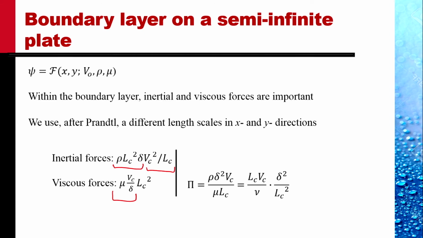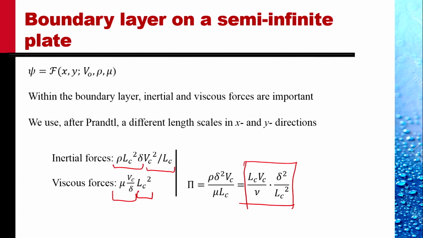So del V by del y is estimated as Vc divided by delta. The area, which is not in the y direction, which is in x and z direction, is Lc squared. The resulting pi number is this. By equating the two estimates, both the forces are important, so they should be of the same order. So we can equate the estimates and obtain this pi number.